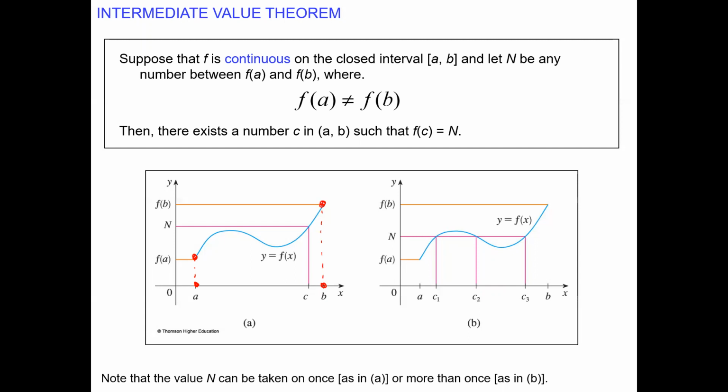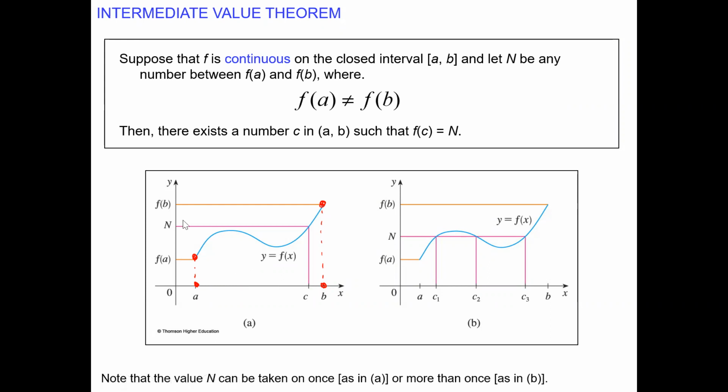Roughly speaking, we can say that a continuous function cannot skip the values between f of a and f of b. Or we can say that this theorem states that a continuous function takes on every intermediate value between f of a and f of b. Okay, I hope we can understand.